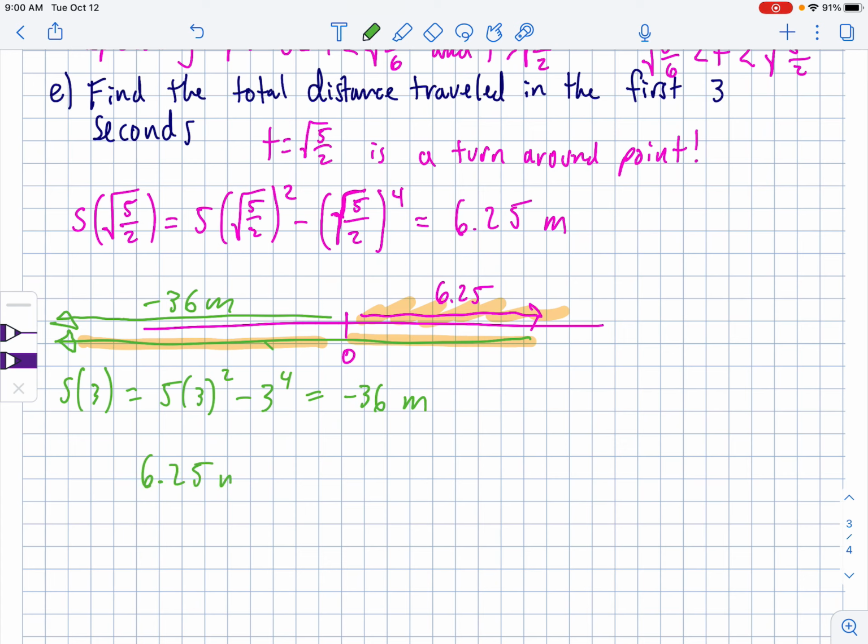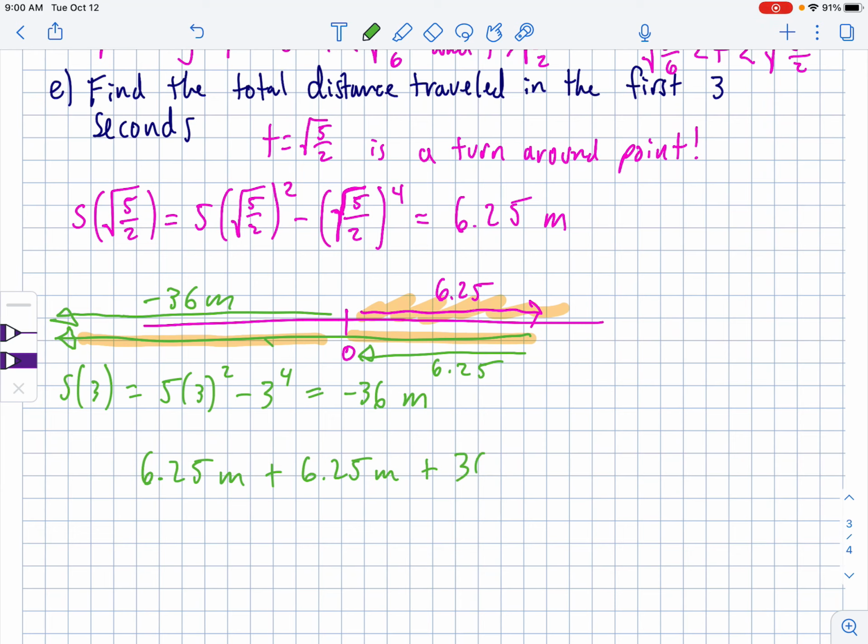So for the first section here, it went 6.25. Then it went back another 6.25. We're just doing total distance because it had to backtrack here. Another 6.25 to get back to 0. And then it went another 36 meters to the left. So you can think of it like an absolute value, where you're just adding the actual positive distances together. So when you add all of those together, I believe we get 48.5 meters total distance traveled.